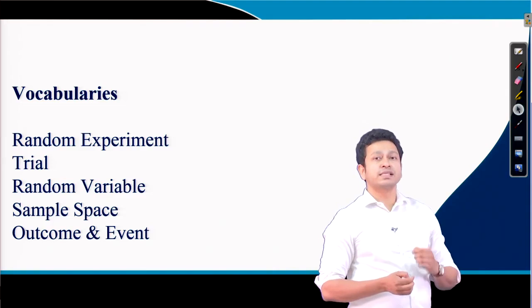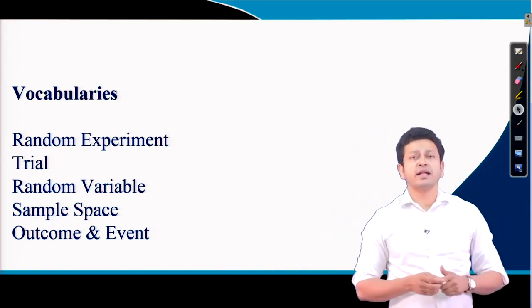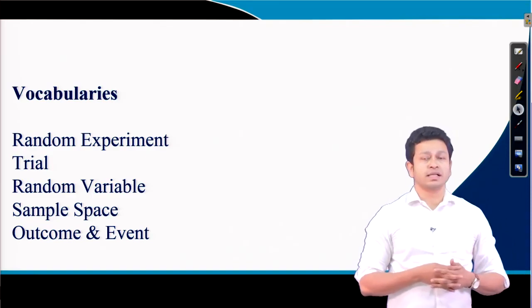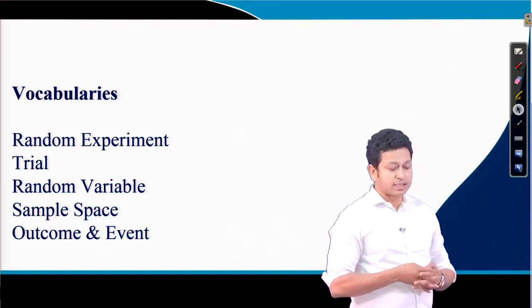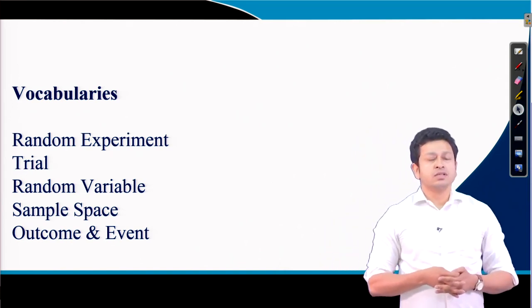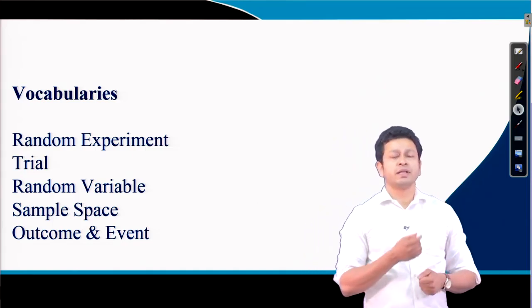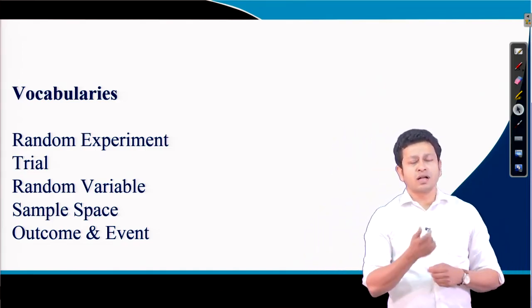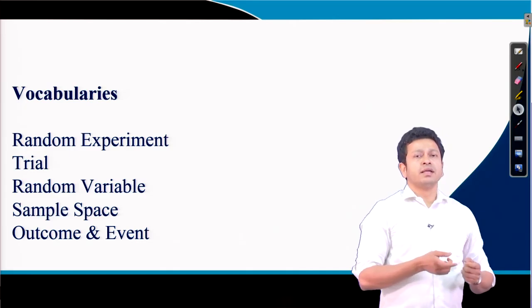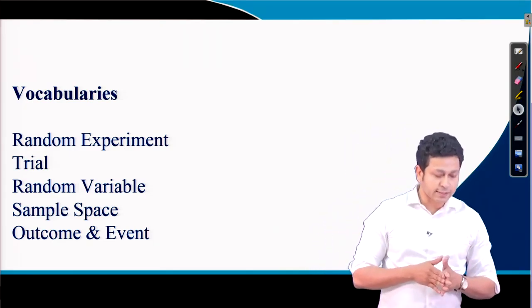For example, if I am tossing a coin, say n times, or maybe I am tossing 2 coins n times, and my random variable is the variable that says the number of heads that appear. If it is 1 coin, then you will have the number of heads as 0, 1, 2, or up to n. So your random variable can take values from 0 to n. That is what is called a random variable.